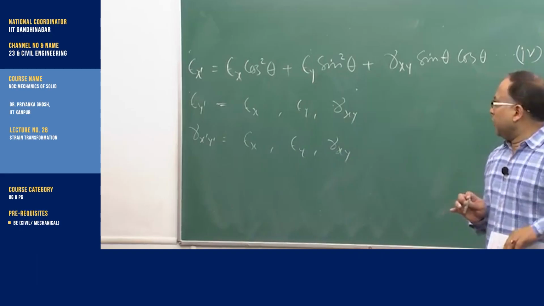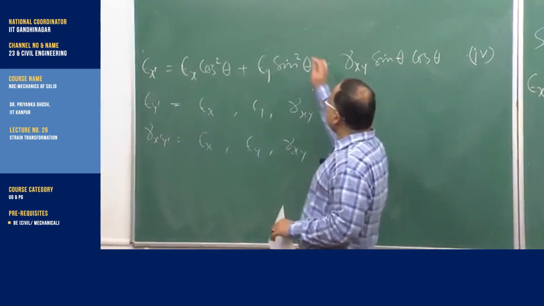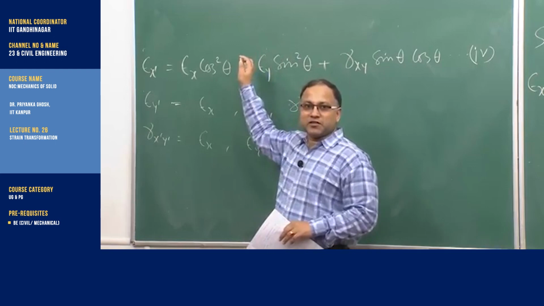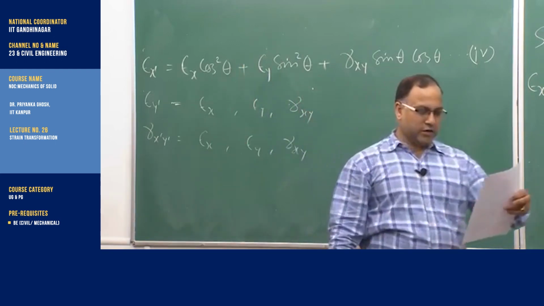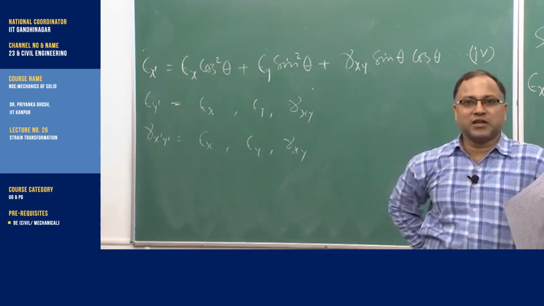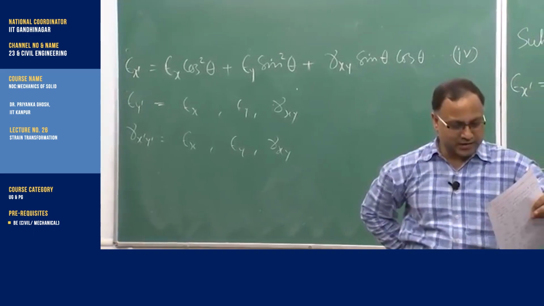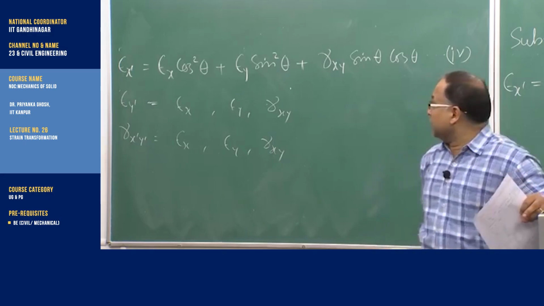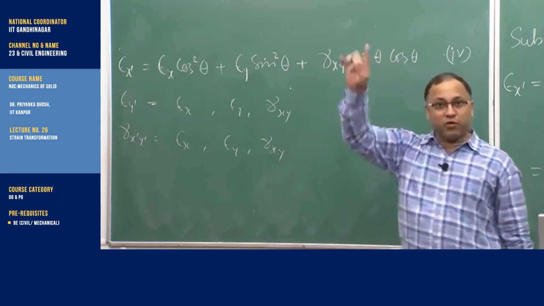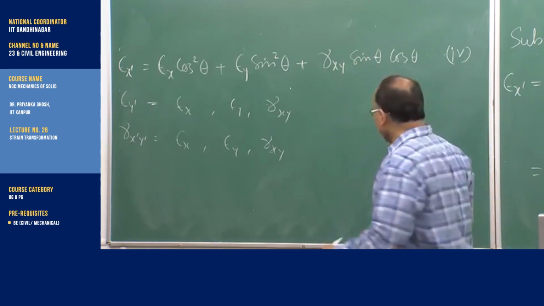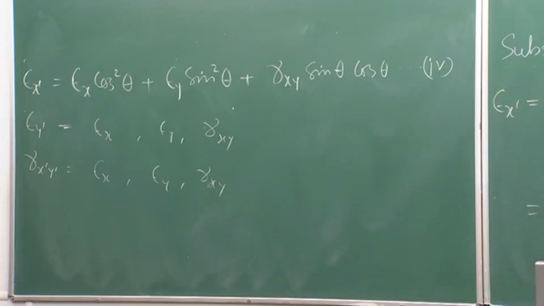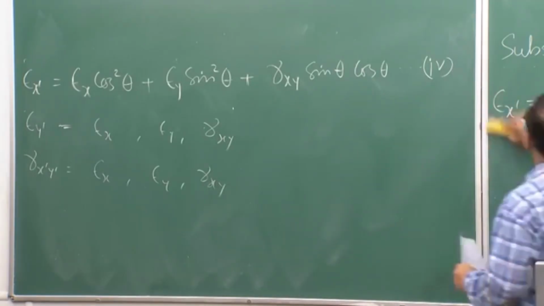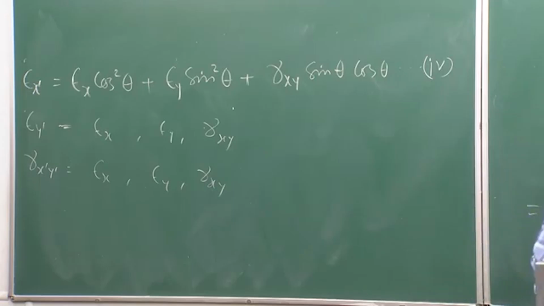Now, if I do the trigonometric calculations, where the relations are developed based on the double angles, if we impose here whatever we did for our stress, then we can get the expression of epsilon x prime, epsilon y prime and gamma x prime y prime in this fashion.